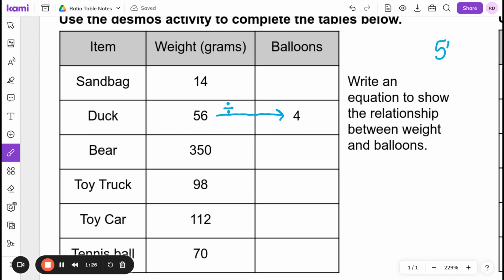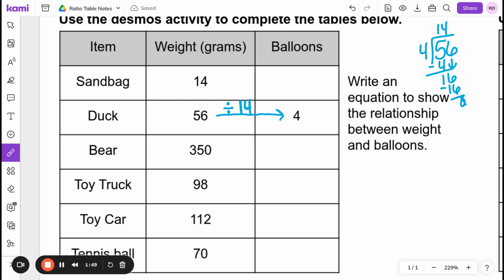So over here, we're going to have 56 divided by 4. 4 can go into 5 one time, remainder of 1, bring down the 6 to make 16. And then how many 4s go into 16? That answer is 4. So that means 56 divided by 14 would equal 4.